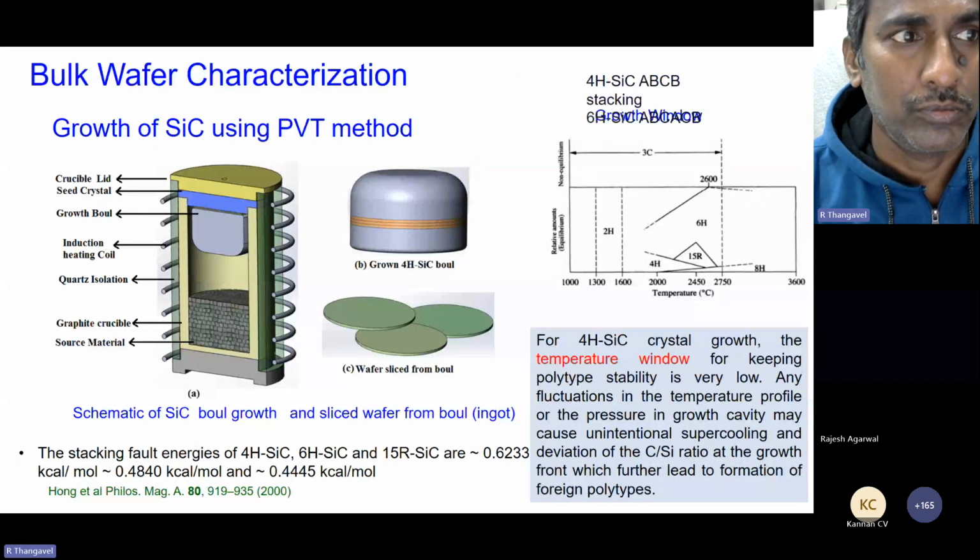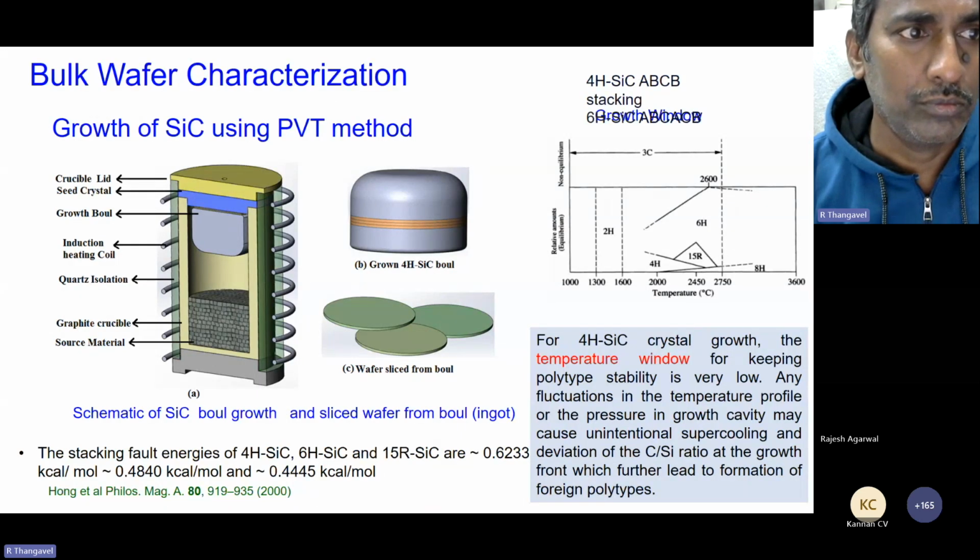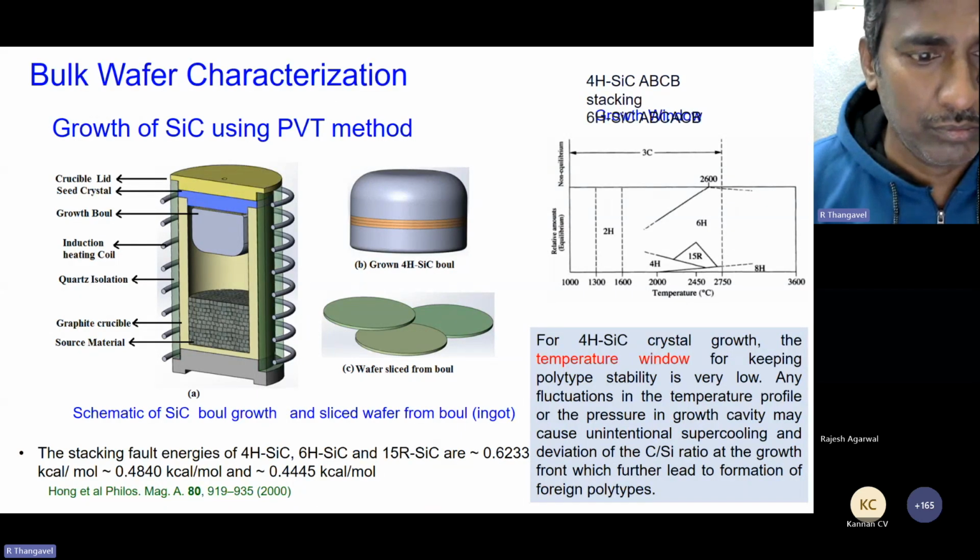Now this is another diagram. One can see that while growing silicon carbide, the growth window is very small, because for 4H silicon carbide the growth window is around 2100 to 2200 degrees centigrade.